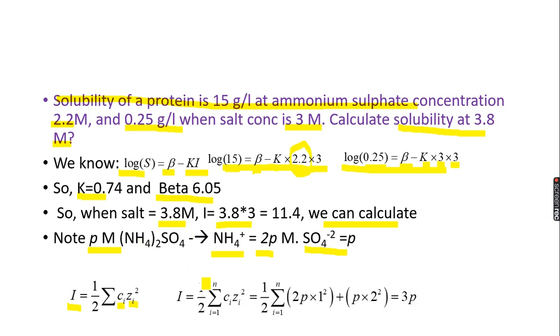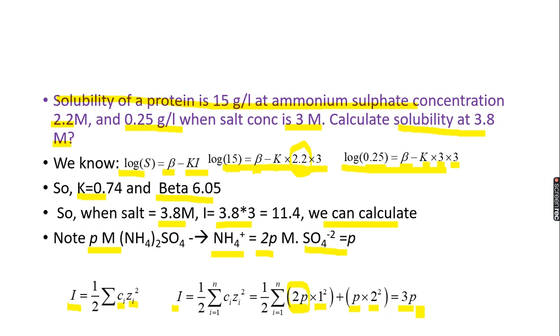As I told you, ionic strength for P molar of ammonium sulfate is half of the sum of 2P, because ammonium concentration is 2P, multiplied by 1 squared because ammonium charge is 1. Now sulfate concentration is P and sulfate charge is negative 2, so 2 squared. So 2P into 1 squared and P into 2 squared, essentially 2P plus 4P, 6P, and half of that is 3P.